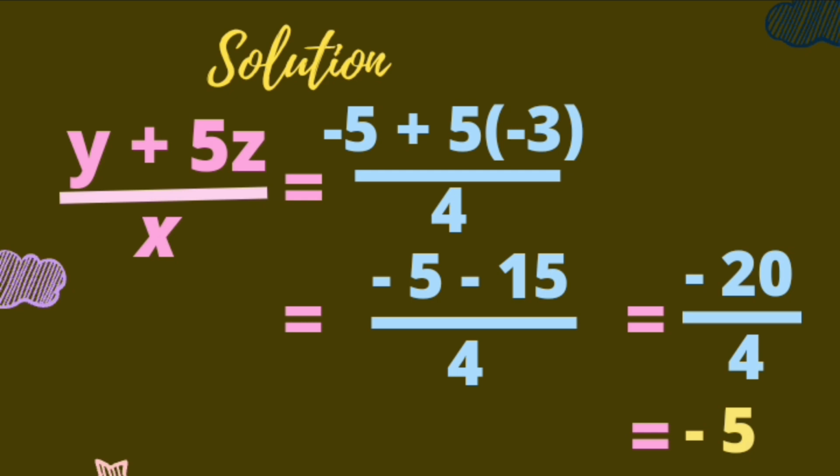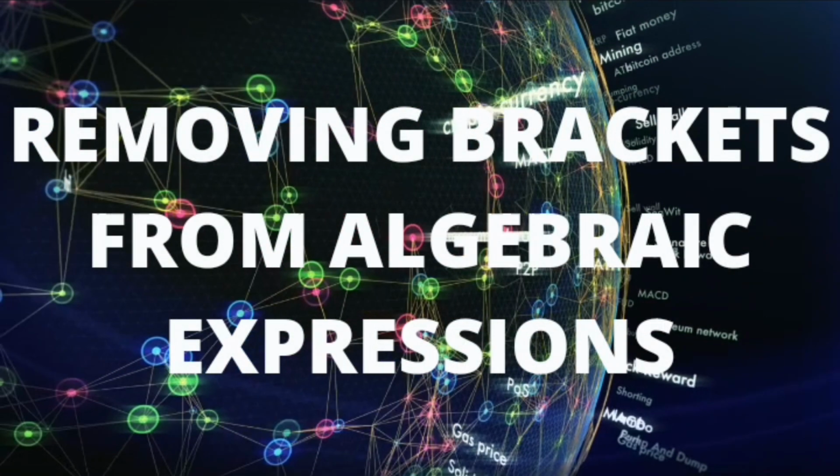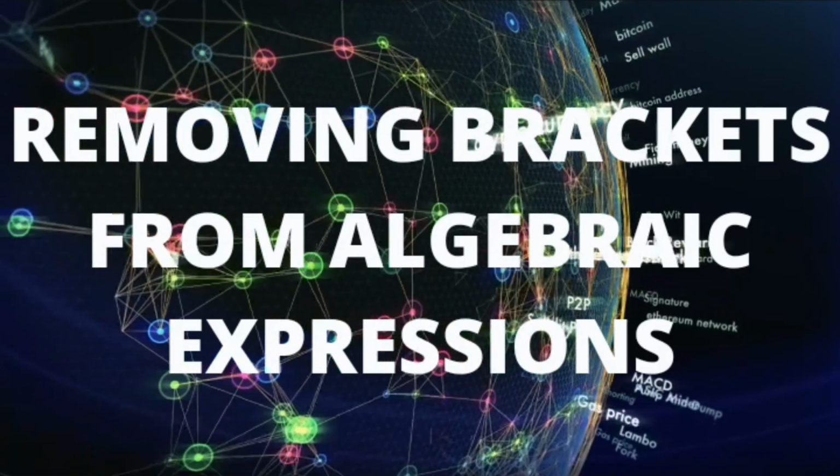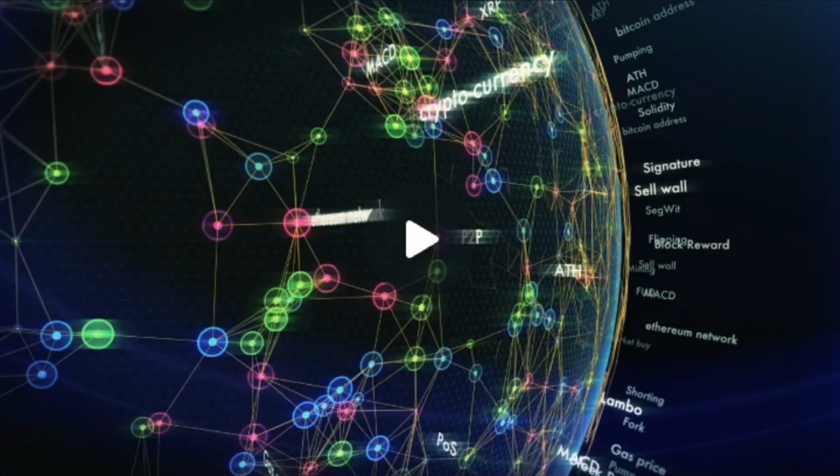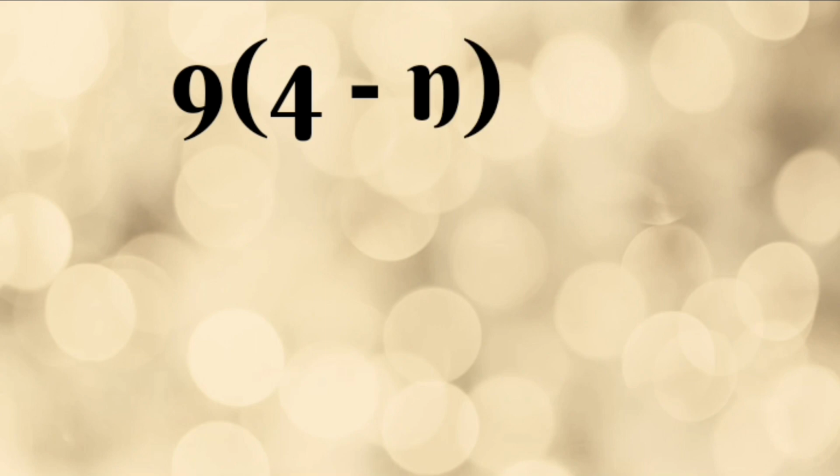Now, let's go ahead to learn how to remove brackets from algebraic expressions. Here is an example. 9 times (4 minus n).